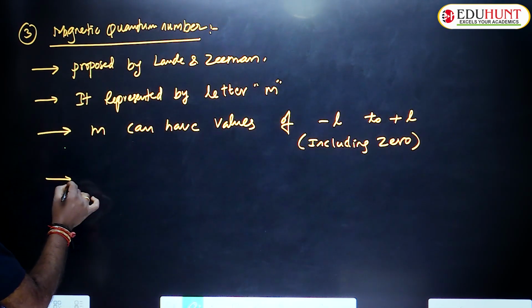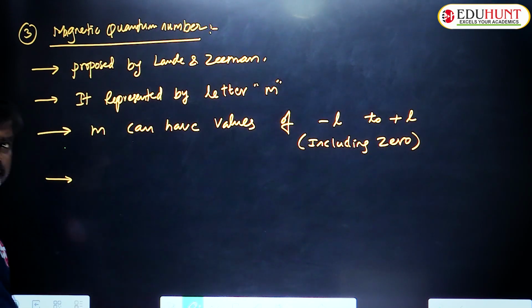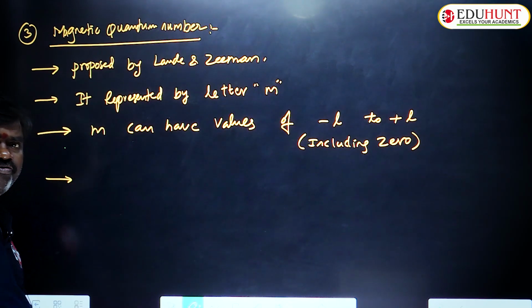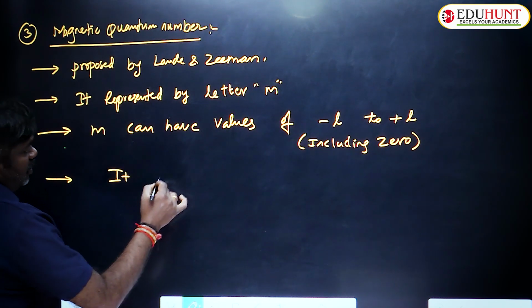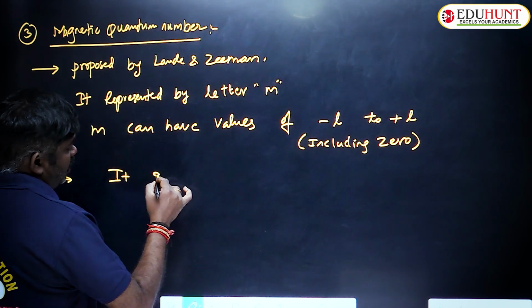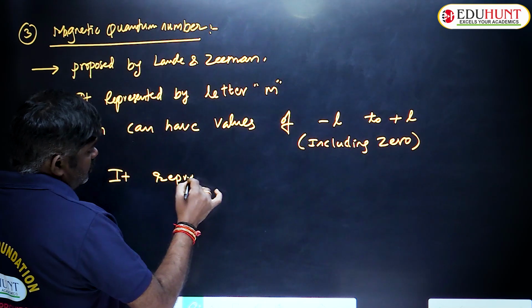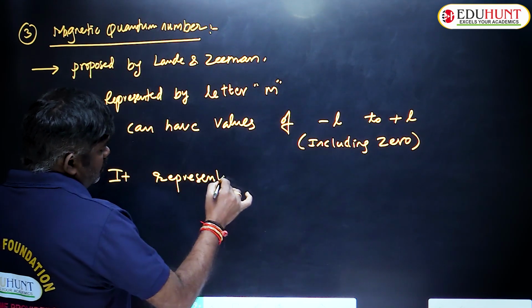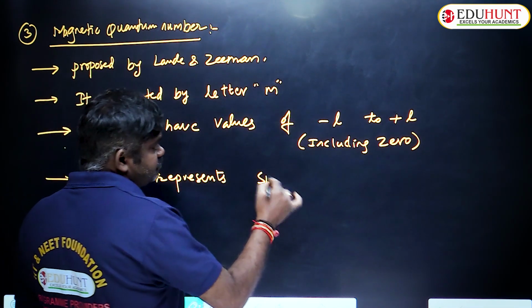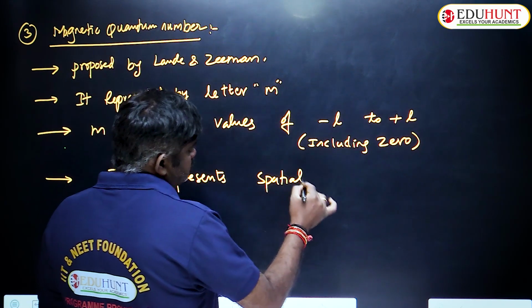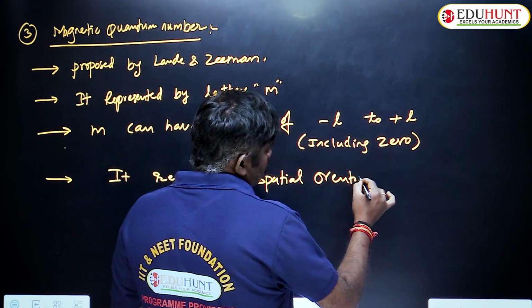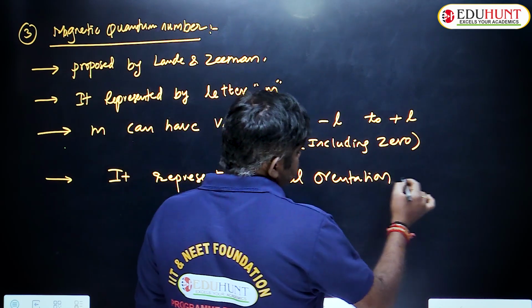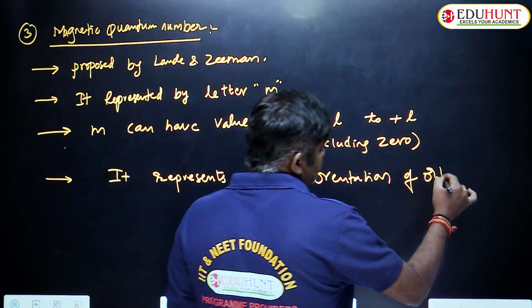Generally, it represents the spatial orientation of orbitals. Magnetic quantum number represents the spatial orientation of orbitals.